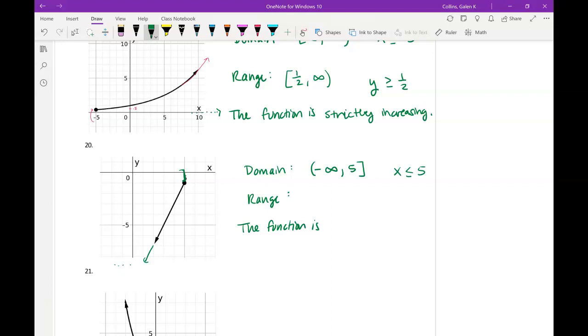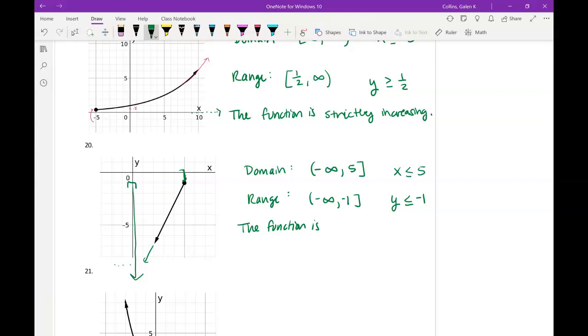My range on my y-axis, well, the function goes down forever, but it stops at -1 when x is 5, so my range is from -infinity to -1. Or I could say y is less than or equal to -1. Might help if I label my axes there.